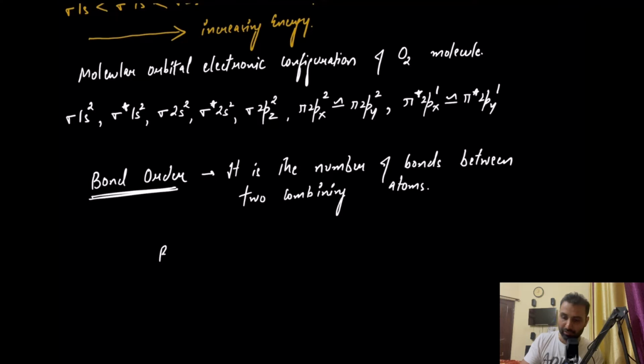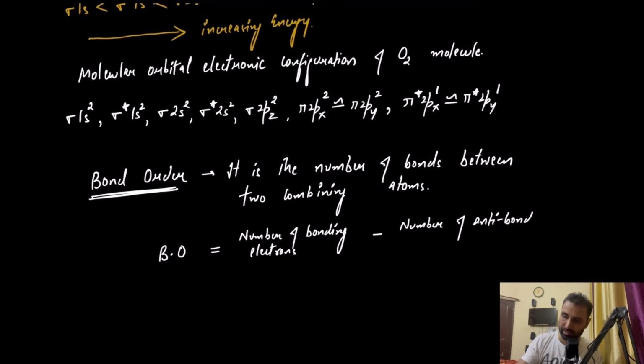What's its formula? The formula for bond order is number of bonding electrons minus number of anti-bonding electrons divided by 2.